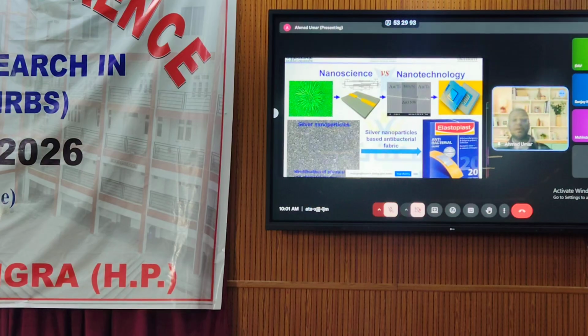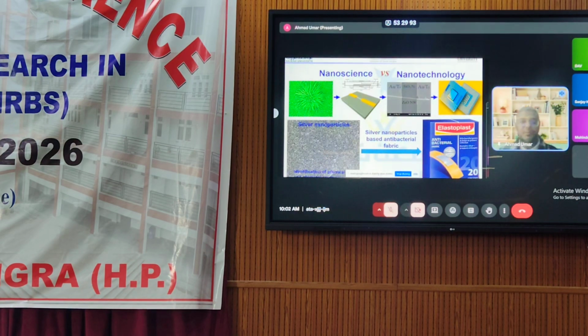Nanoscience is the science in which we study the properties and different characteristics of nanomaterials, like how we synthesize and understand their characteristics, and then how we utilize that nanomaterial for specific device applications. This is technology, a bridge between science and engineering. Once we utilize the nanomaterial for any application, it is called nanotechnology.